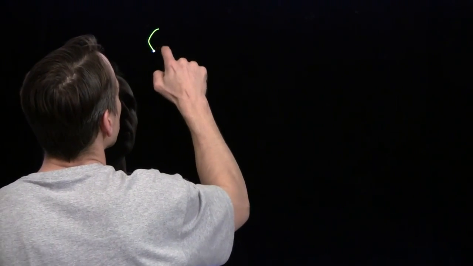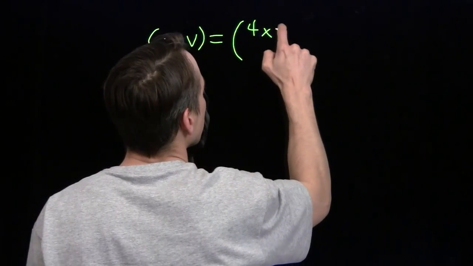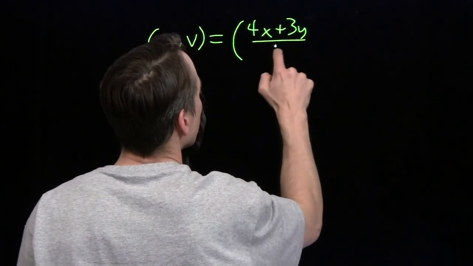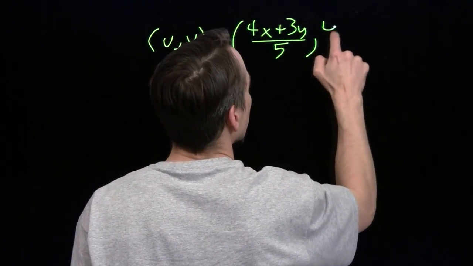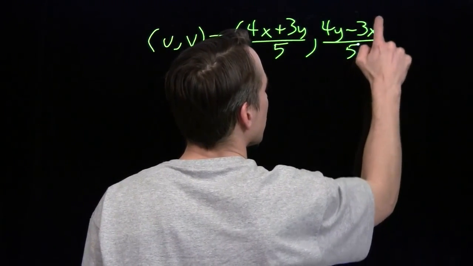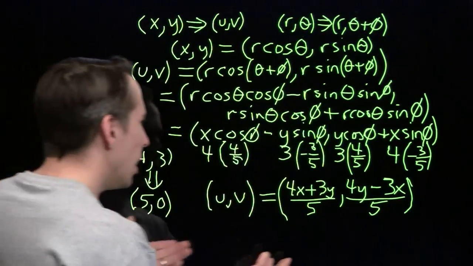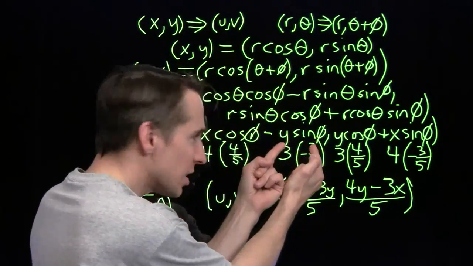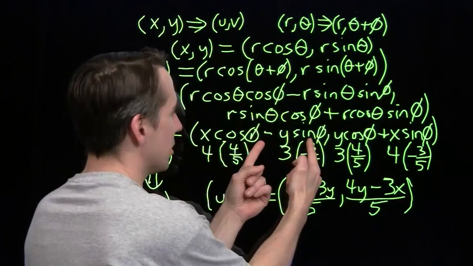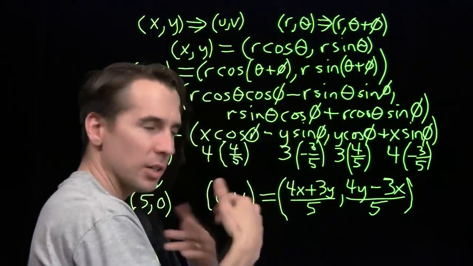So here's where we were to begin with. We had this. And that's how we take any x, y and turn it into a u and a v. Then we were back here and we saw that all we have to do is flip the signs on the sines. So I'm going to take each of these minus 3/5 and turn them into positive 3/5 to go the other way.